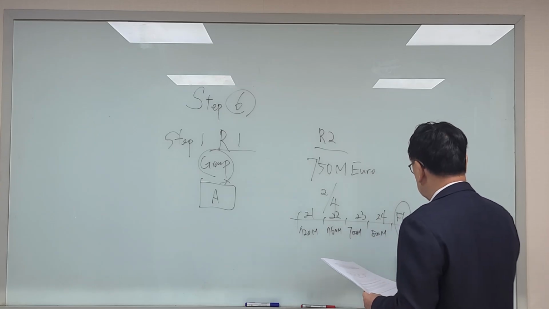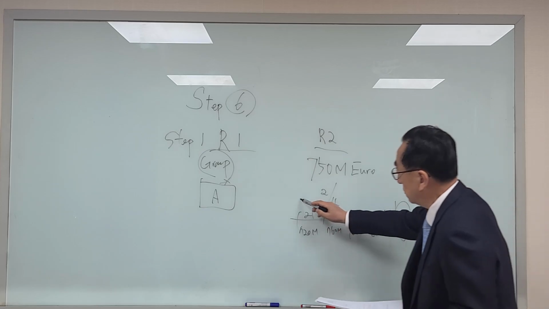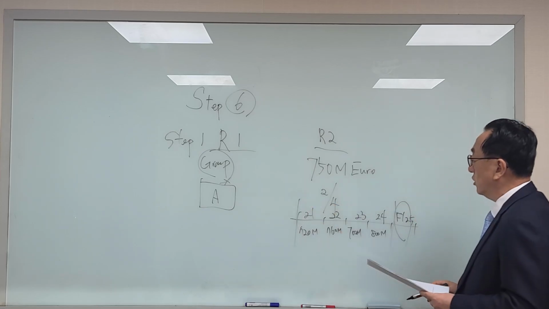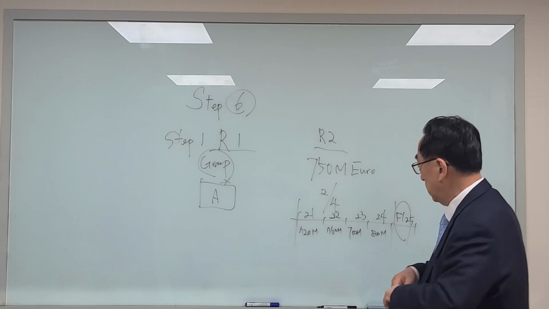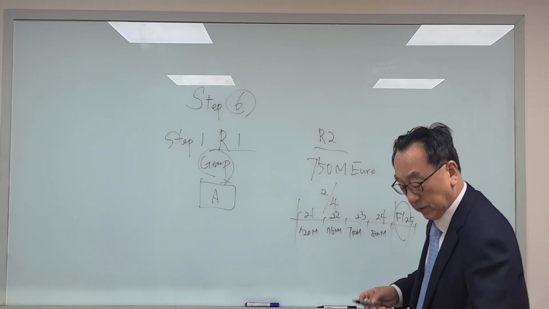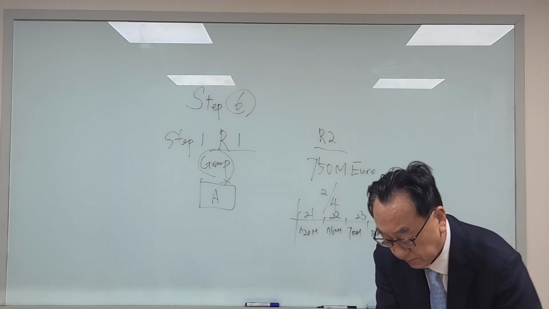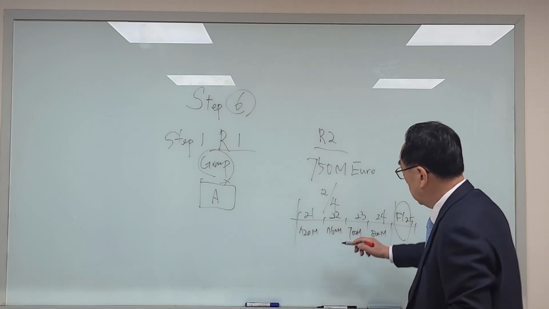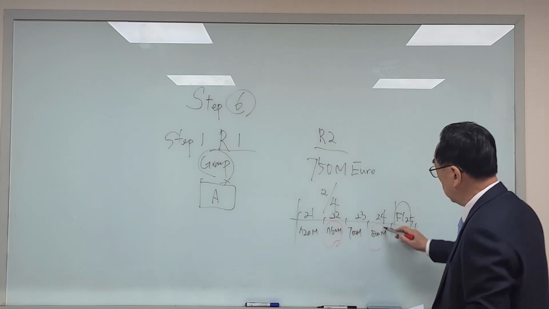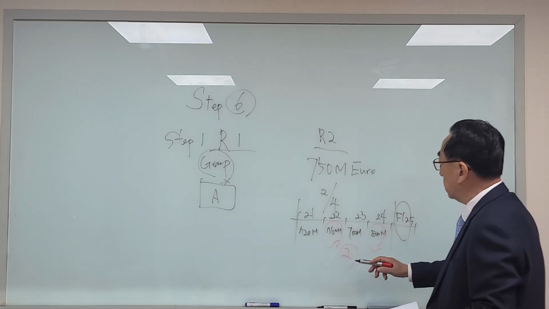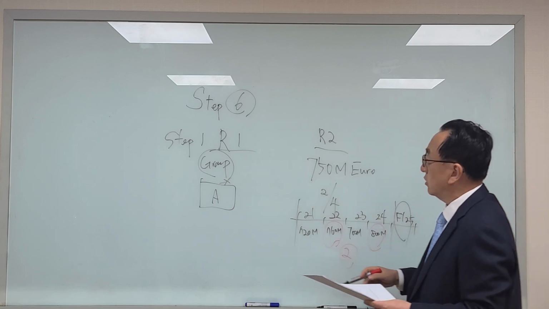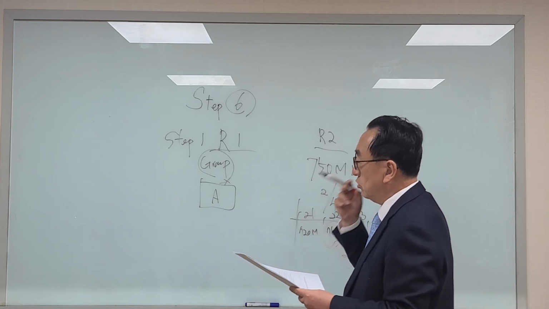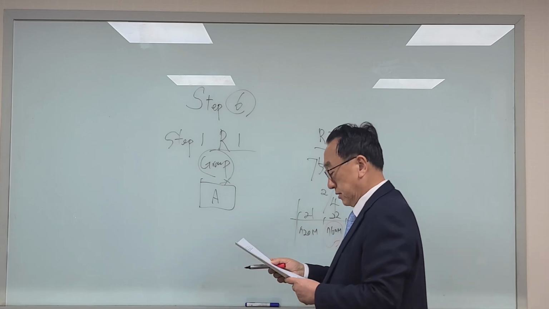In this case, among the preceding 4 years, 21, 22, 23, 24, two years exceed the 750 million threshold. So this group will be subject to global minimum tax.